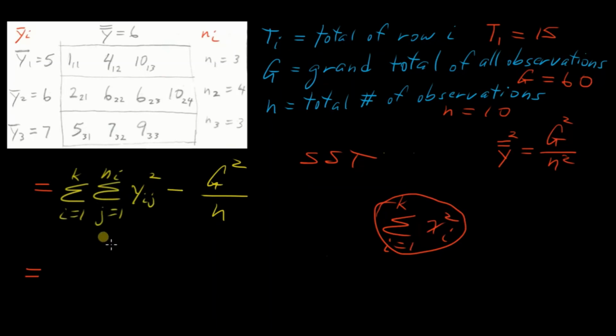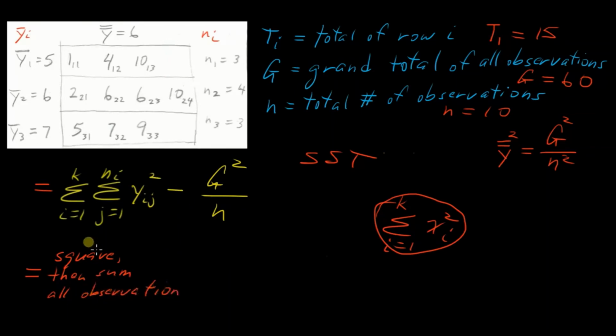Okay, so the main thing that you want to do is don't focus so much on the notation as what is actually going on. When you're doing the total sum of squares, the total sum of square differences, then this first part is always just going to mean square, then sum all observations.